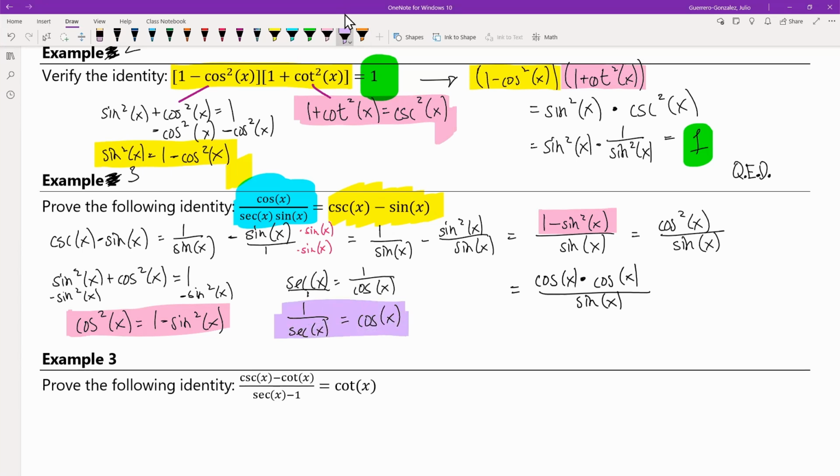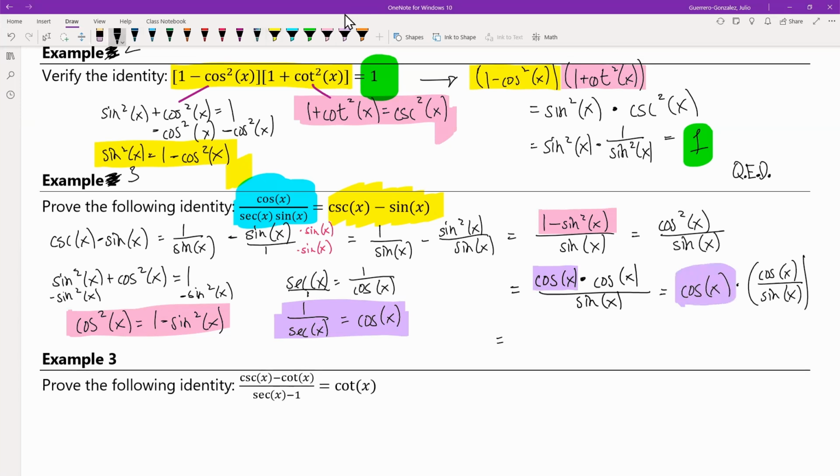This one, I'm going to use on this one. But first, before I do that, I'm going to grab that one and separate it away, times cosine of x over sine of x. And I'm going to highlight the thing that I'm hitting it with, right? So that's the purple cosine that I'm going to use my identity on now.